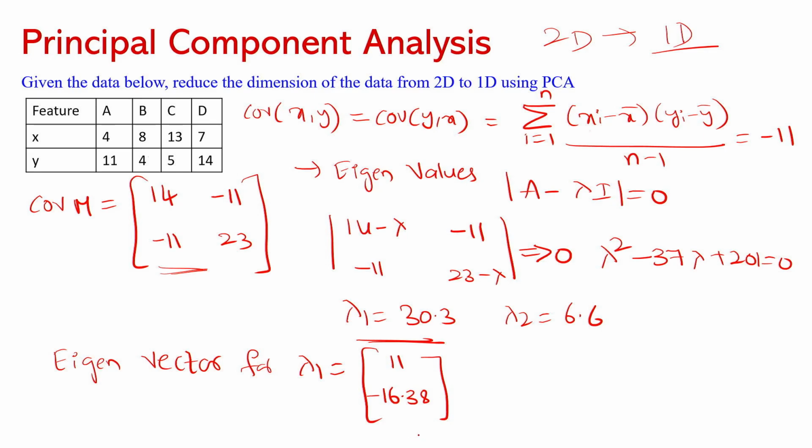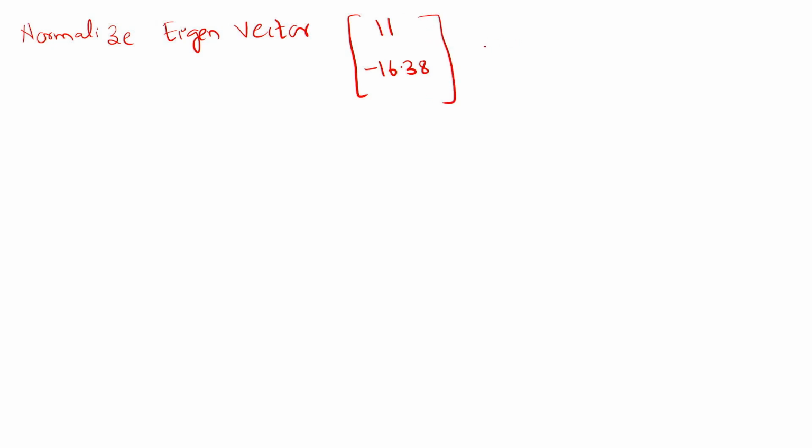Then we have to normalize the eigenvector. What is normalization of an eigenvector? What was the vector we got here? 11 and minus 16.38. Normalization means you have to find the magnitude of that first: square root of 11 square plus minus 16.38 whole square.